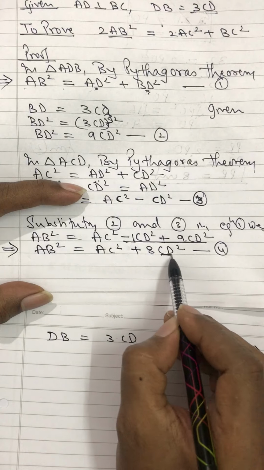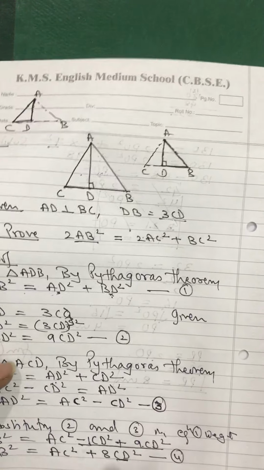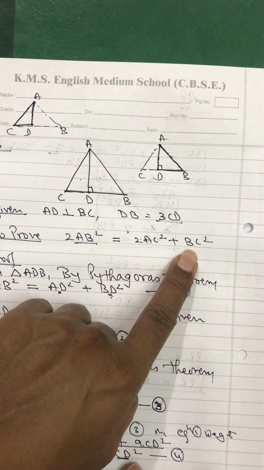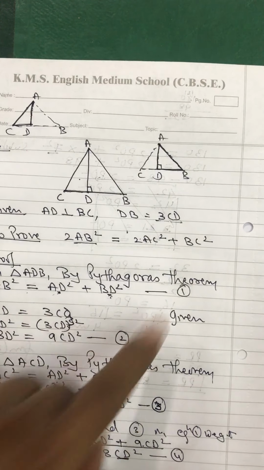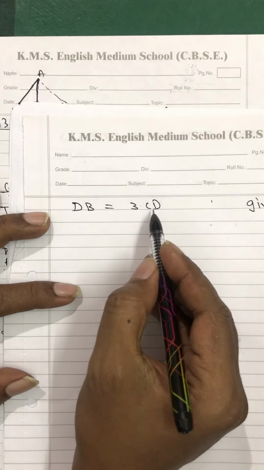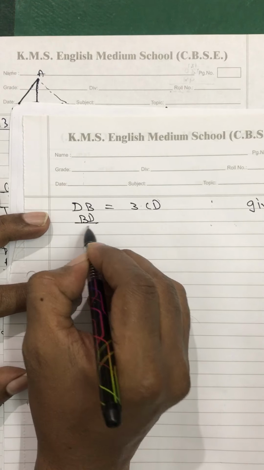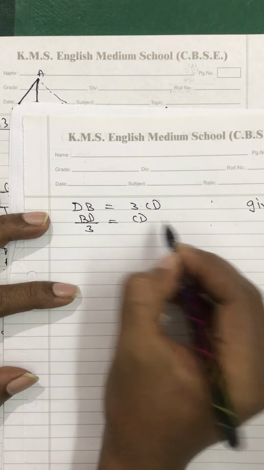I want in place of CD, I want BC. Means I have to remove CD and write BC. They have given me this. In place of CD I have to make alone. So BD upon 3 is equal to CD. Fine. I want the value of CD.